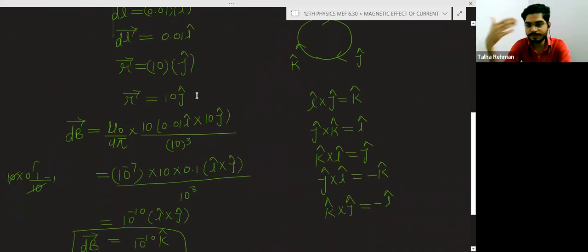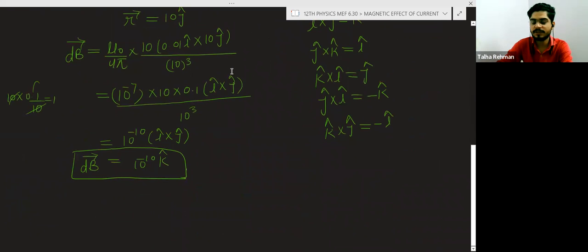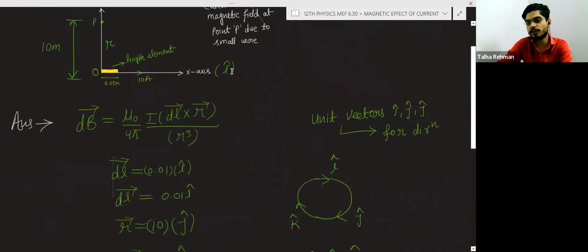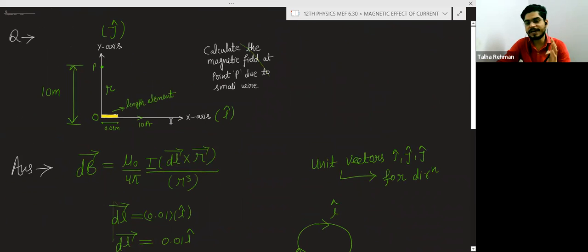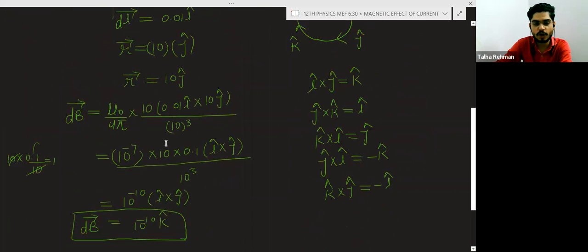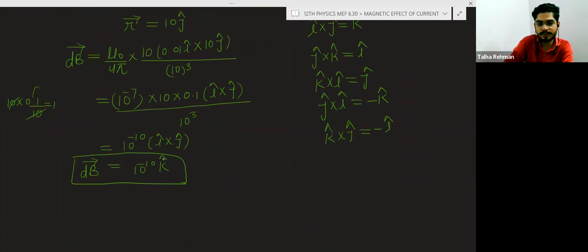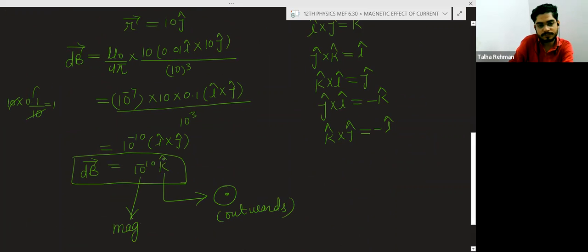But in 95% of the cases, we will use the right hand thumb rule, and this question can also be solved that way. First, you find the magnitude, and then you apply the right hand thumb rule to get the direction outwards. So k cap means outwards, and outwards is represented by this. And this is the magnitude, 10 to the power minus 10 is the magnitude.